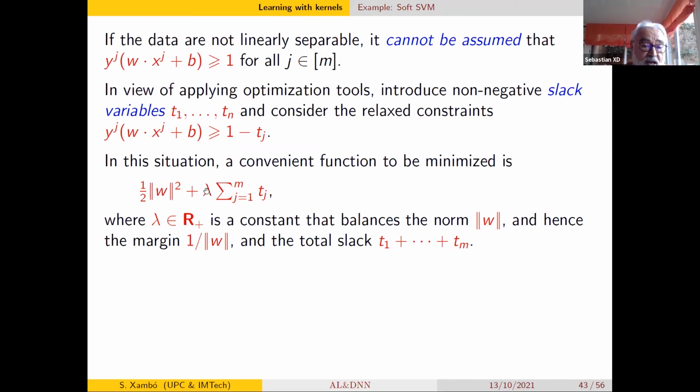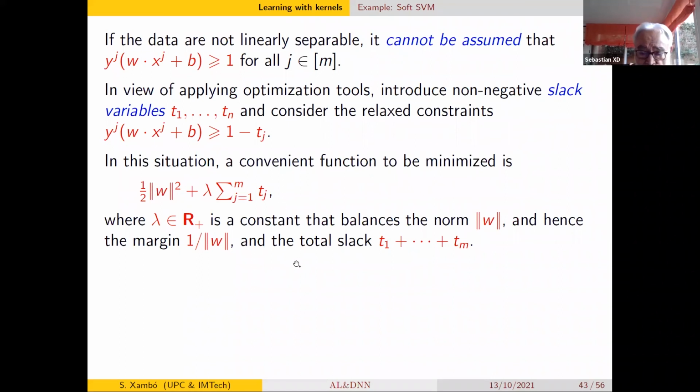You take this and add a suitable constant times this. How to choose lambda is another question, but you choose one, and this lambda gives a way of balancing these two things. If lambda is very high, the slack will count a lot, and so the minimum will favor this, and the other way around if lambda is small.